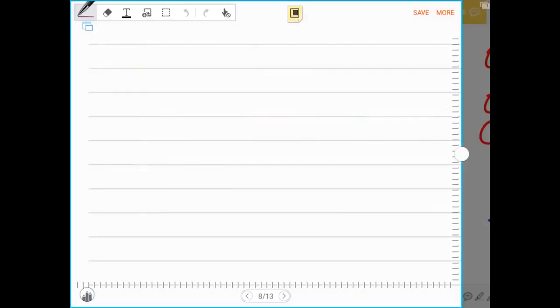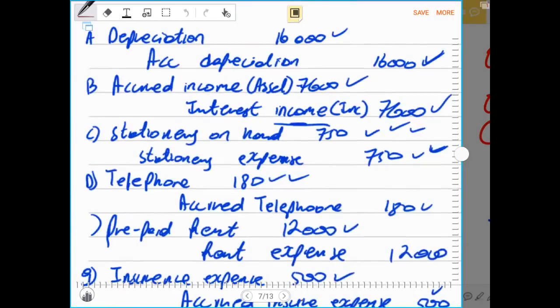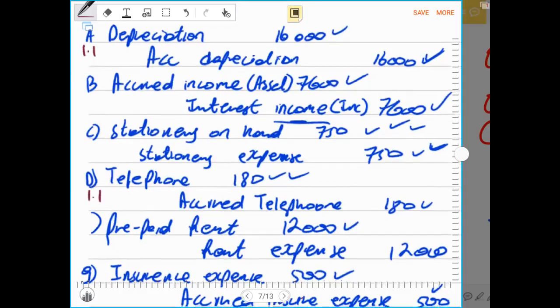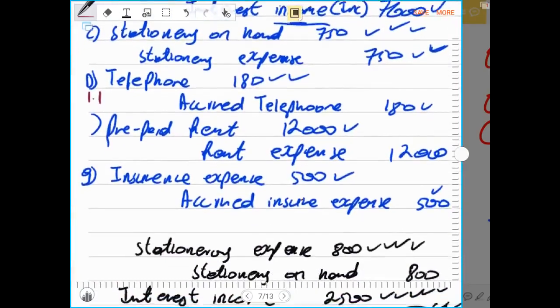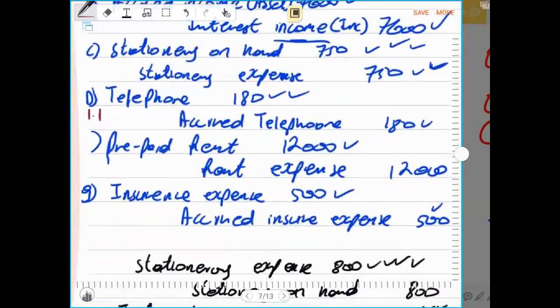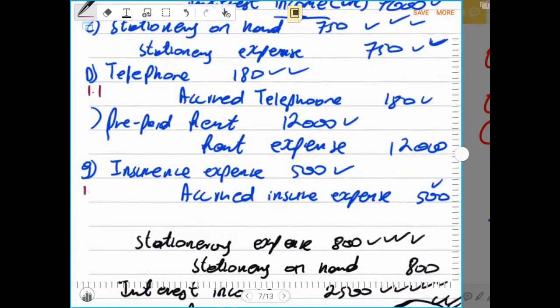So this will be 1.1. A, D, F, and G. So we still have to do number F.